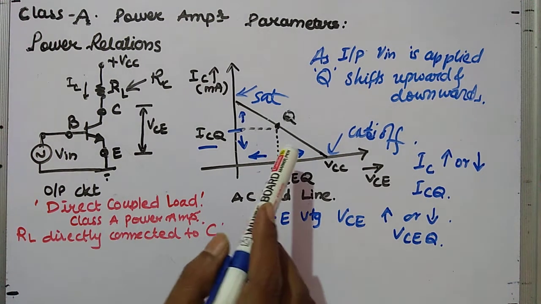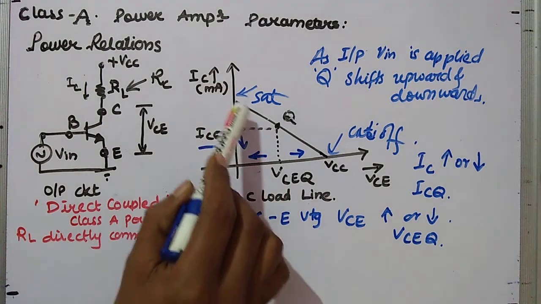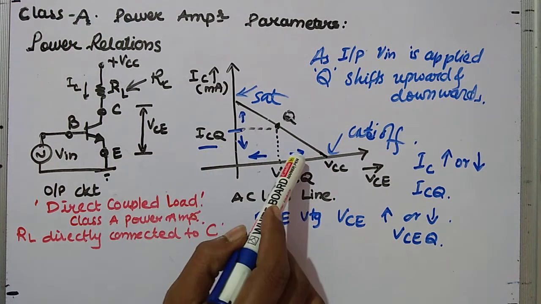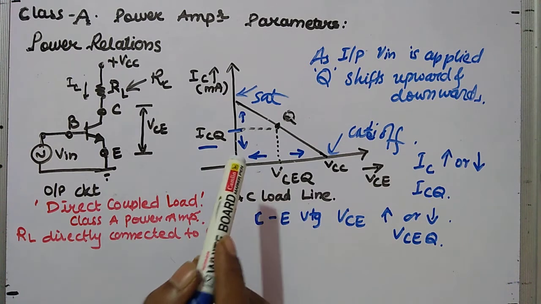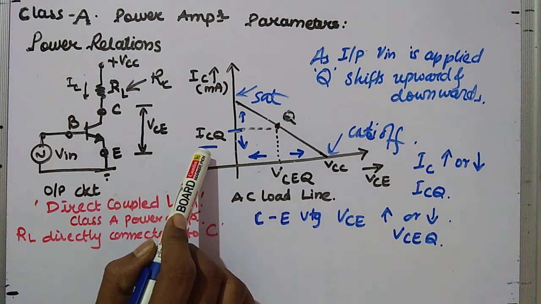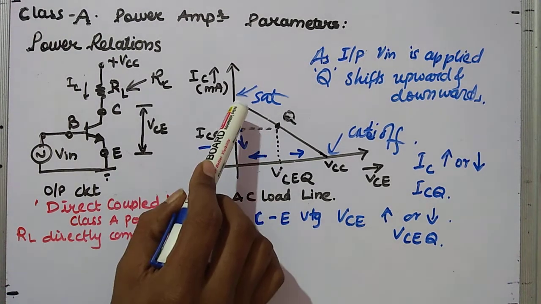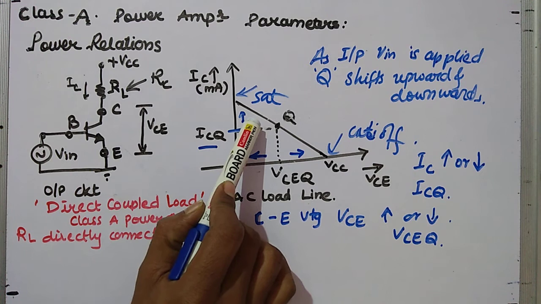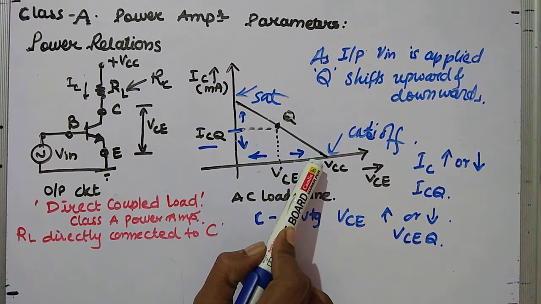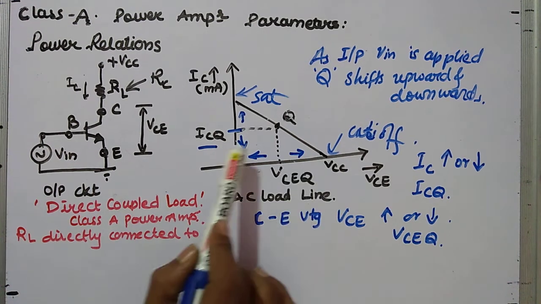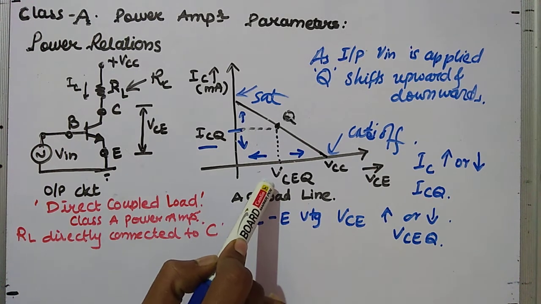Now it may be noted that as long as the signal variations are limited to this linear region of the AC load line, the average value of the collector current is ICQ. So when the output voltage swings from saturation to the cutoff point, we say that the average value of the collector current is ICQ and the average value of VC is VCQ.